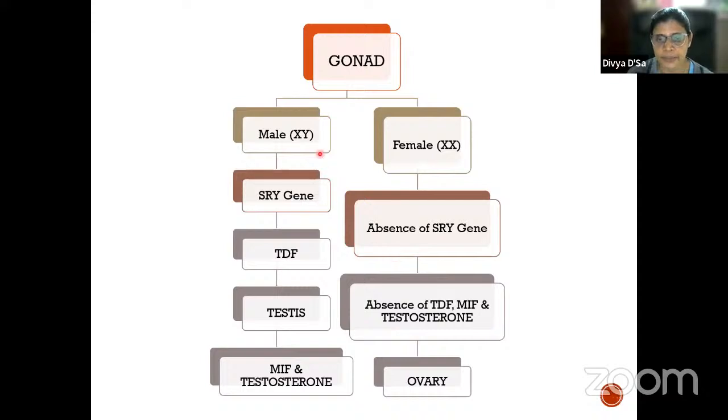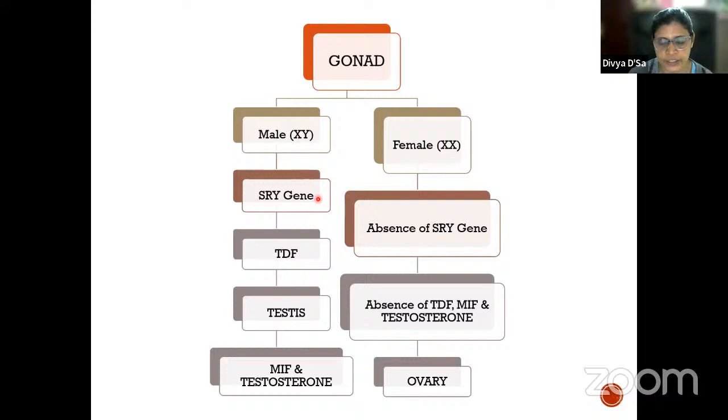So how does that happen? The chromosomal sex is male XY, female is XX, isn't it? Here we have what we call the SRY gene. This SRY gene is located on the short arm of chromosome Y, that is Yp11.